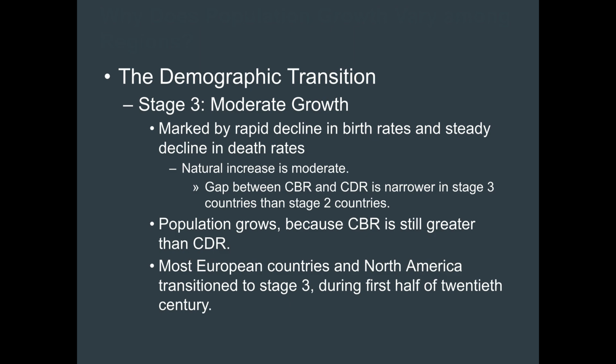So the population grows because CBR is still greater than CDR. Most North American countries and European countries transitioned in stage 3 during the first half of the 20th century. So they came out of stage 3 kind of in the 1950s, honestly, when the medical revolution was really taking place.